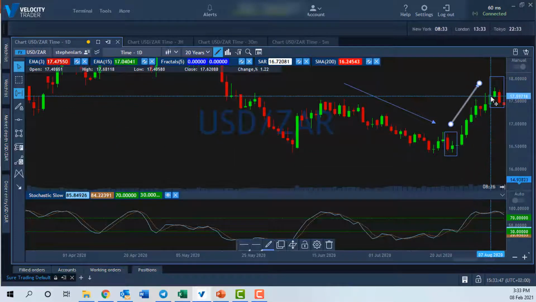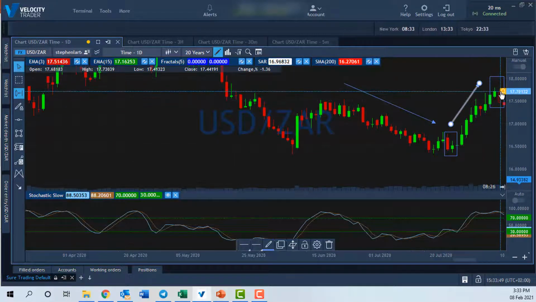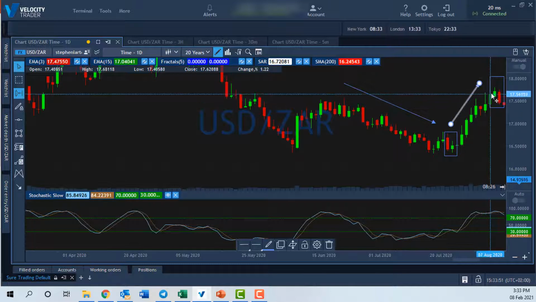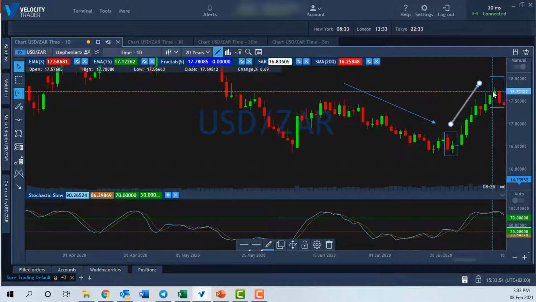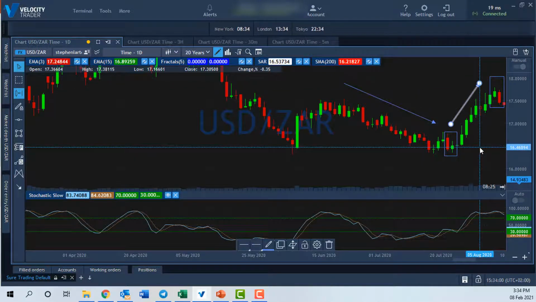We had a nice green candle followed by a red candle with a visibly similar top. Once again, not exact, but looks quite similar. And now the expectation after this is that the price will go down because it's a tweezer top pattern.